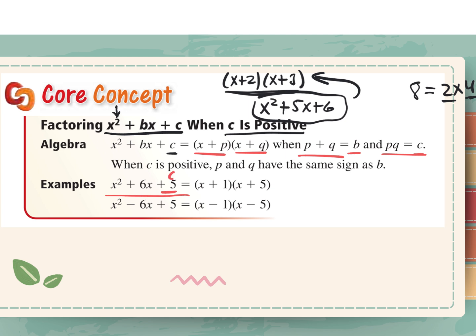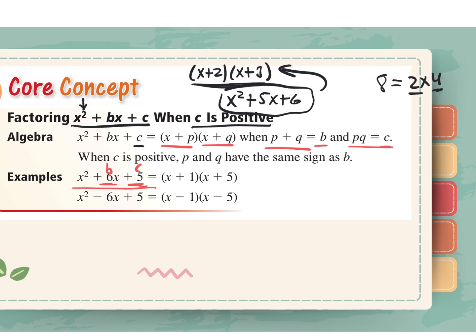This is our c term, all right? And then our b term is this number that's in front of the x. So I want numbers that multiply to c and add to b, right? And in this case, it's going to be 1 and 5, right? 1 times 5 gets you 5, and 1 plus 5 is going to get you 6, right? And that's how you get this as your factor, as your product of factors, right?